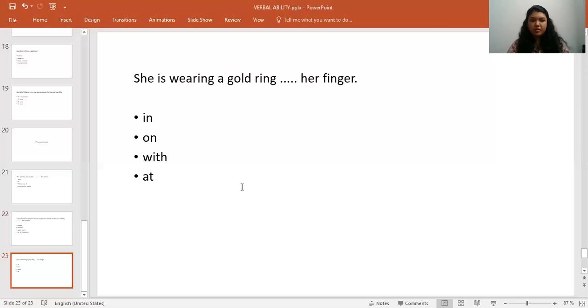So in this case, she is wearing a gold ring on her finger. The reason is that we have used her finger, which is a body part. So always remember, when we place something on a body part, we always use on.